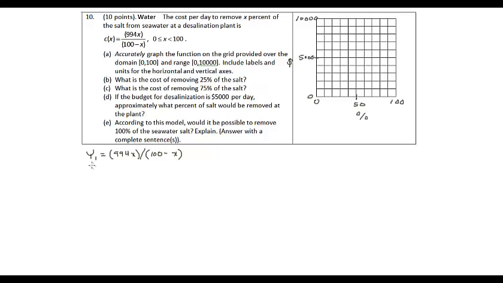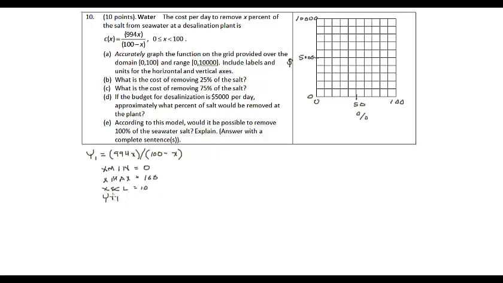Now the window: go into your window, and xmin is going to be set to 0, and xmax set to 100. And scale, you can see there are 10 divisions, so the x scale is 10.